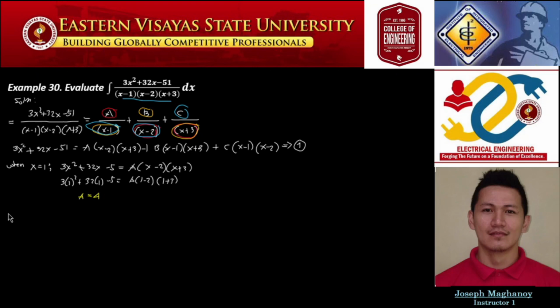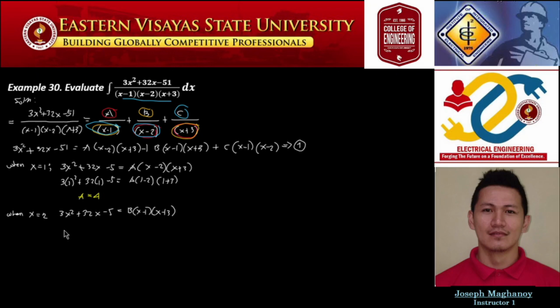Moving on to the next, x is equal to 2. So we solve in terms of B. Still copy the 3x squared plus 32x minus 51 is equal to B, x minus 1, x plus 3.